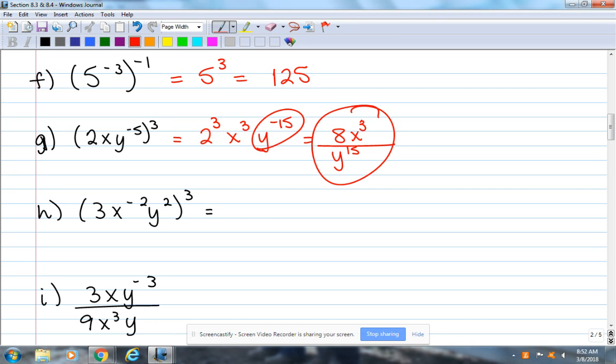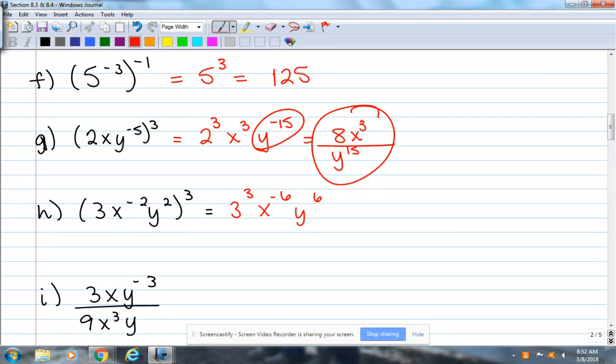Okay, problem H is similar. Parentheses first. So everything on the inside will get a third power, right? It already has a power, we'll multiply. So it's going to be 3 to what power? Third. X to what power? Negative 6. And y to what power? Positive 6.